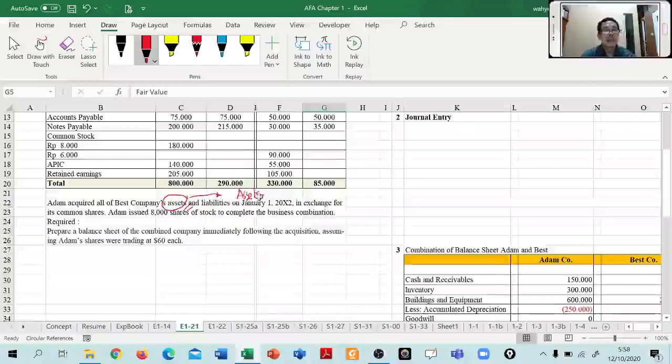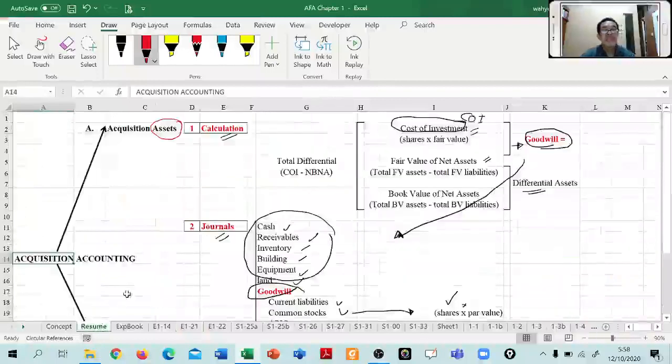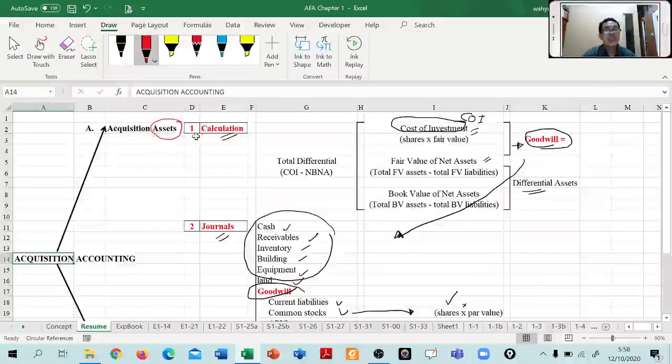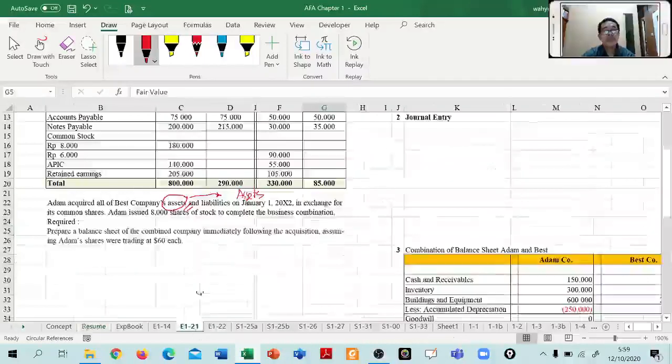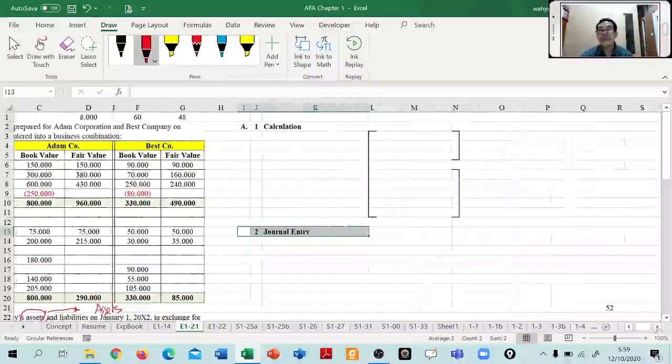So based on the resume that I have made, if we meet an acquisition of asset, we have to make two steps. First, calculation and journal.